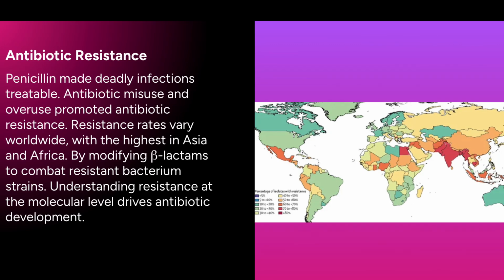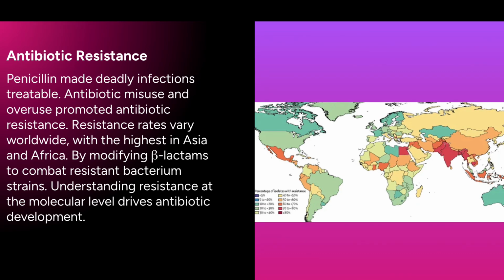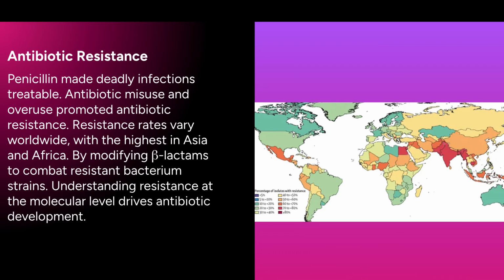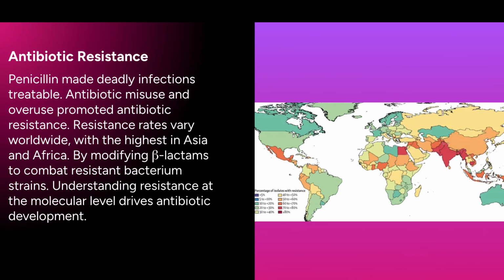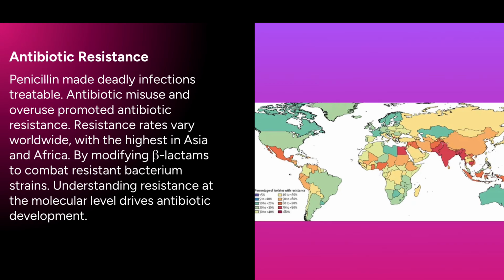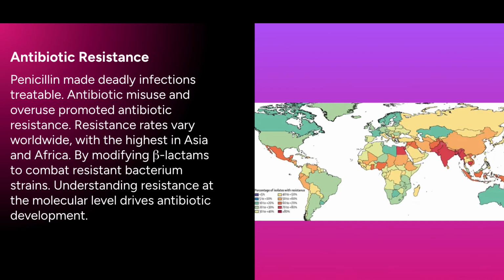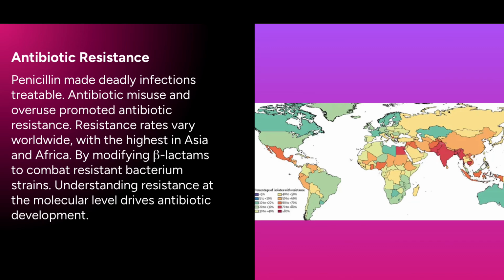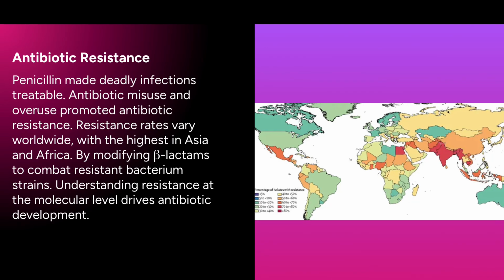The map on the right of my PowerPoint slide illustrates the current regional variations in resistance rates, with portions of Asia and Africa showing the greatest levels. While maintaining the fundamental function of penicillin, scientists are trying to alter β-lactams and outsmart resistant bacteria. The development of the next generation of antibiotics that may save lives depends on an understanding of resistance at this molecular level.